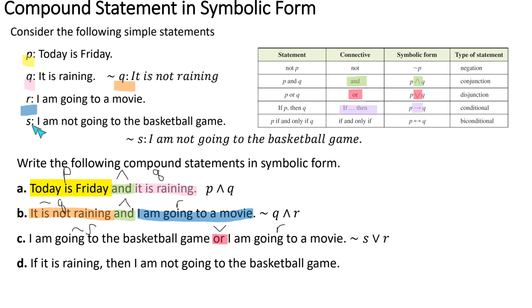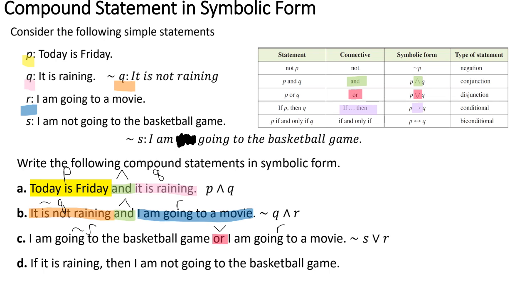So that means the negation for that is, let me fix that. Let me cross that out. Okay, so S is I am not going to the basketball game. So the negation of S is I am going to the basketball game.